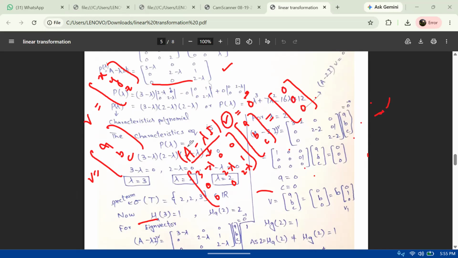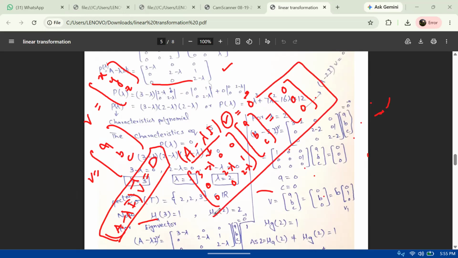So this is the term A minus lambda I into v equal to 0, and this formula helps us to find the eigenvector. Now you have this general statement, and in it you put lambda 3. It's up to you whether you put lambda 3 first or lambda 2 first.